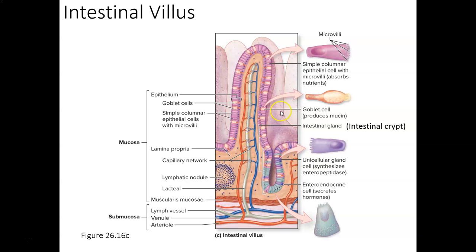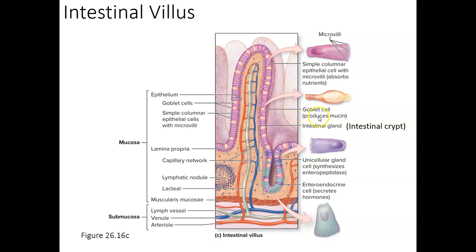If you look at the epithelial cells, they look like simple columnar epithelial cells, right? Nothing unique. No, actually, you can see the apical surface of those simple columnar epithelial cells lined with microvilli, and they do not have cilia, unlike the epithelium in the respiratory system. Here in the digestive tract, especially in the small intestine, they have microvilli.